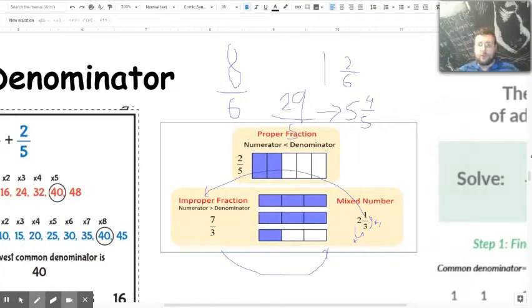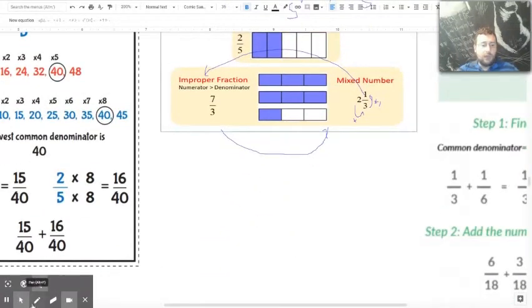Let's do some practice going the opposite way. So let's say I have 2 and 2/5. So remember, the way you do this is this times this plus the top. So 2 times 5 is 10 plus the top is 12. And then write the same fraction on the bottom.